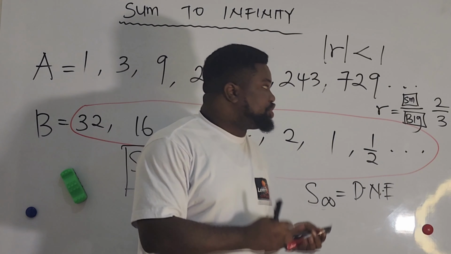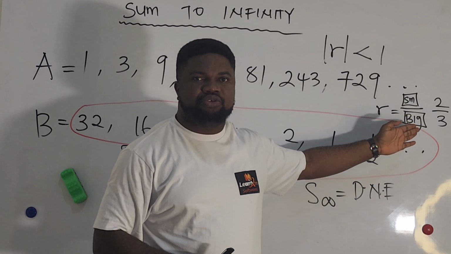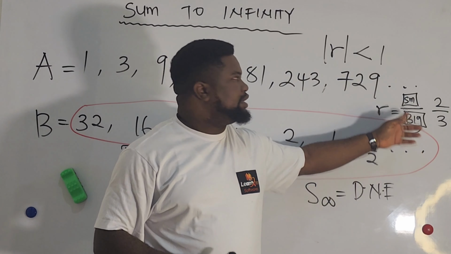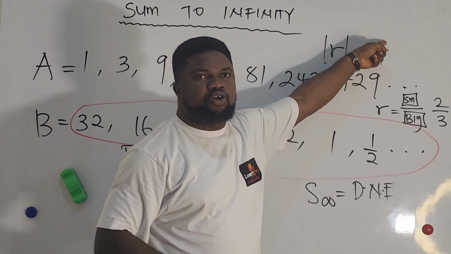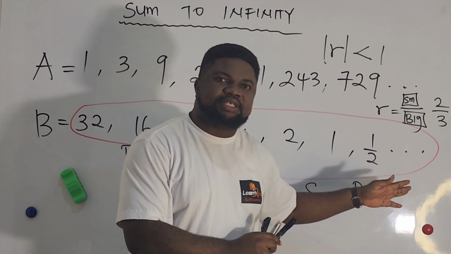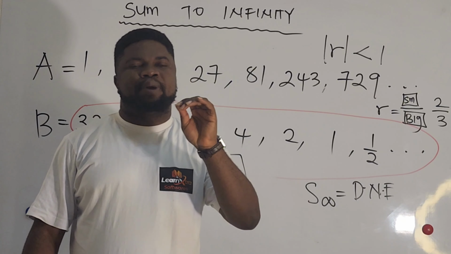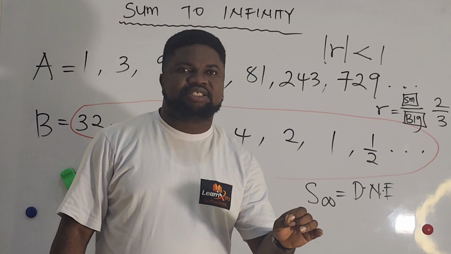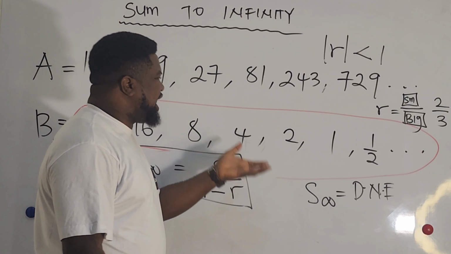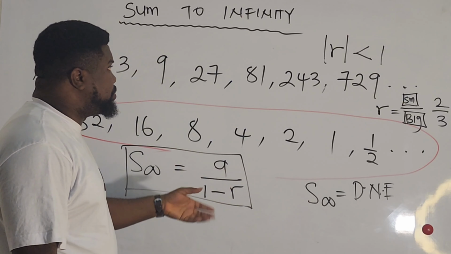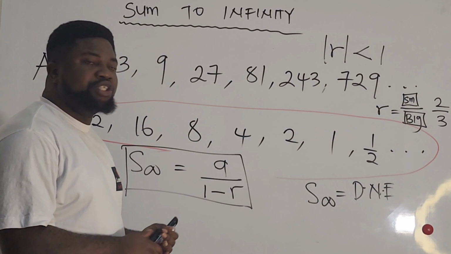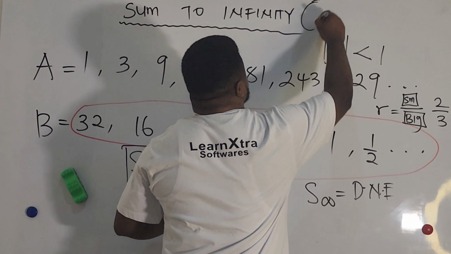Whatever your common ratio is, a proper fraction is the condition for your GP to converge. When we talk about convergent and divergent and sum to infinity, we are still discussing geometric progression, GP.